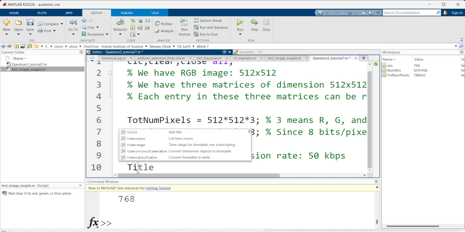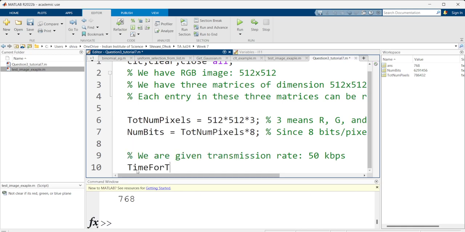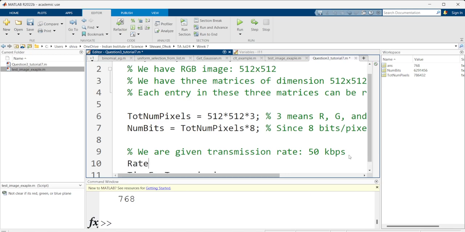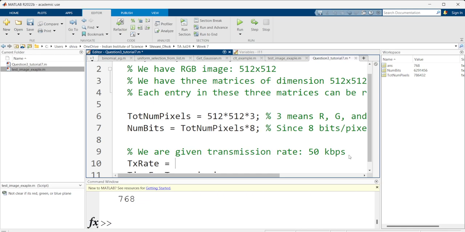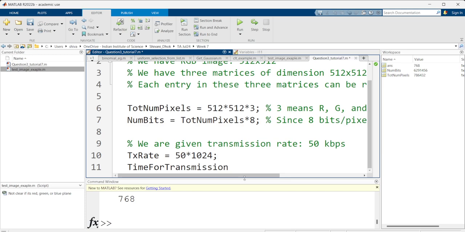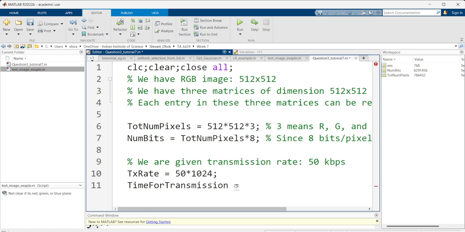So let me define this first. The TX rate is 50 kilobits per second, so 50 into 1024 per second, and the time for transmission will be equal to the number of bits we need to transmit divided by the transmission rate.